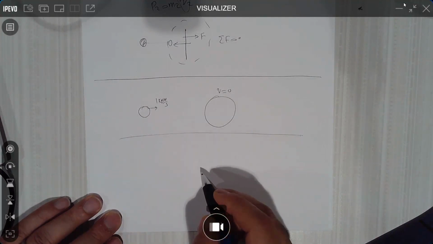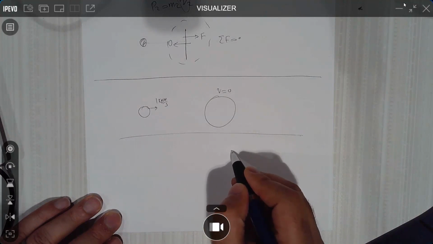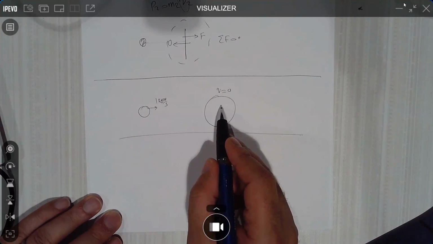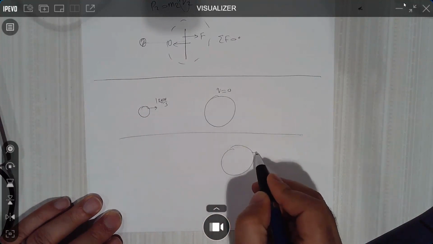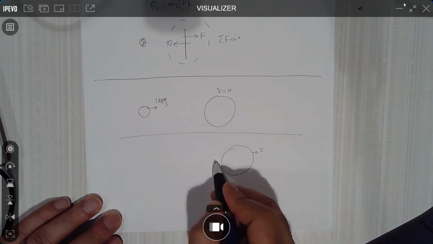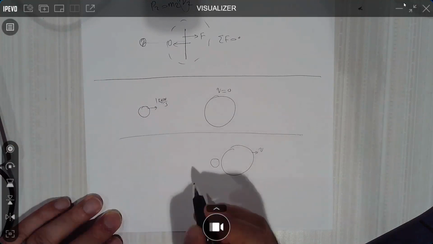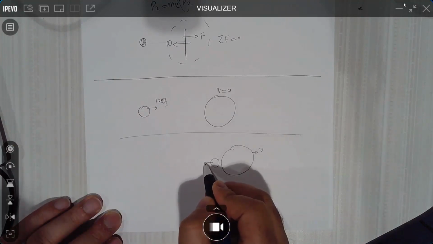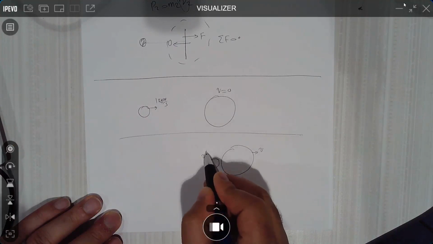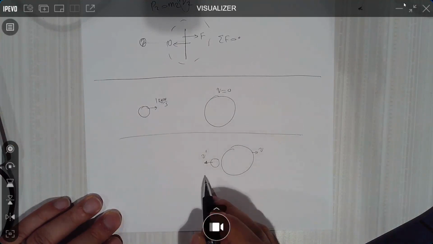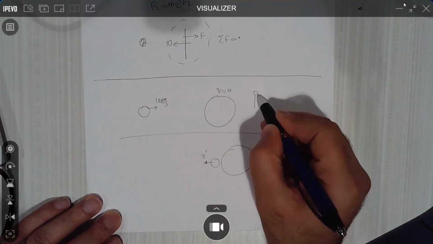If we assume that the small one, 1 kilogram, is reaching the big one with heavy mass that is not moving, this one gets velocity, but the other one will be reflected back, bounce back. But we don't know what this velocity is. Good. So we calculate the momentum. What is the total momentum before collision?